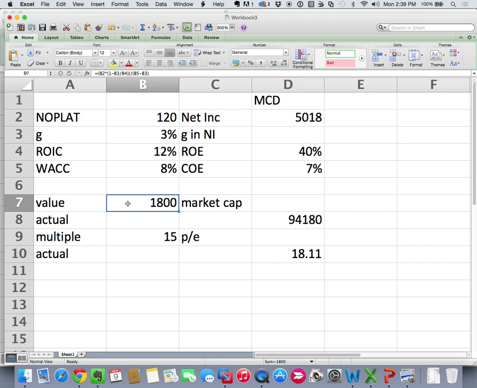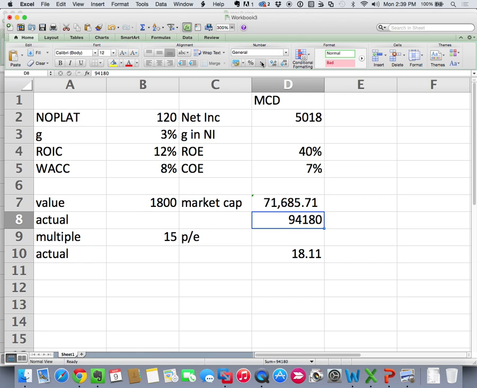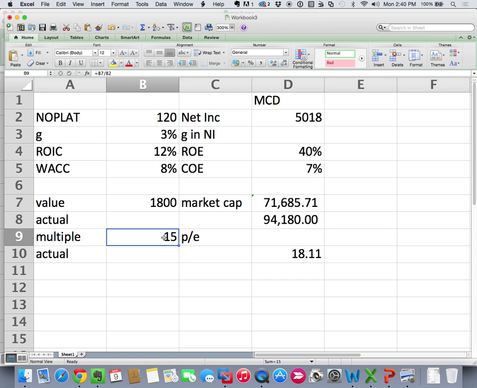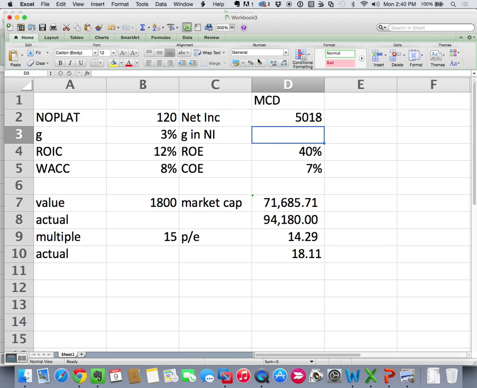So, using our formula, that would give me a value of about 71 billion. And that would give me a PE of about 14 with no growth. So, let's start growing. 1%, 2%, 1.7%, 1.73%.